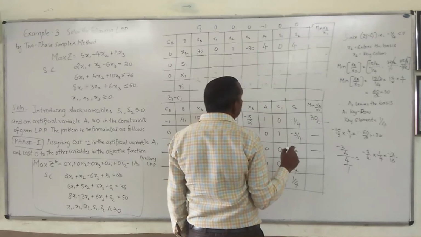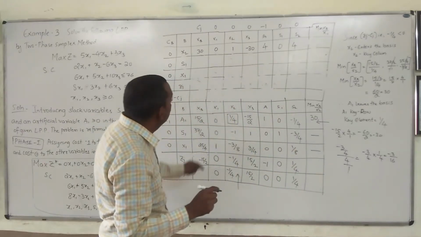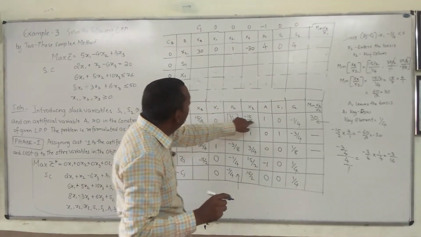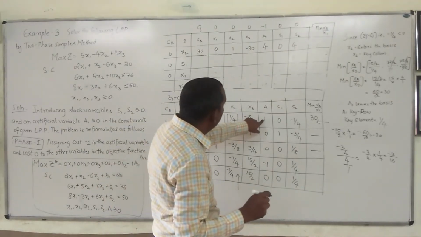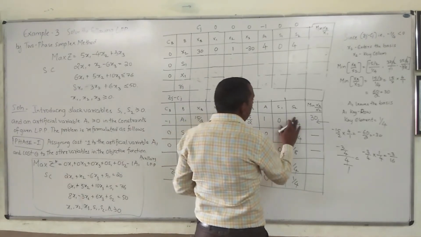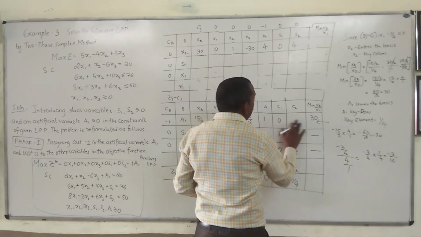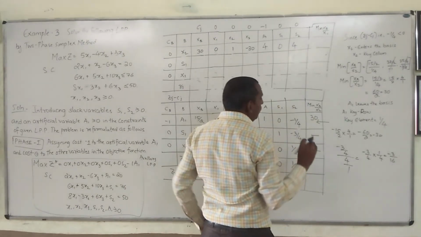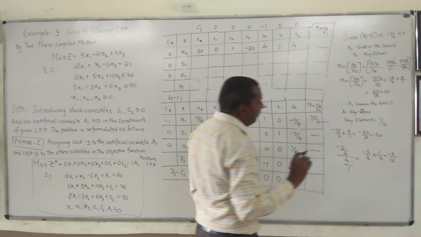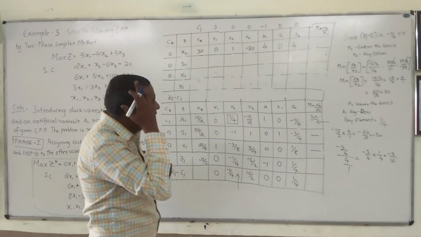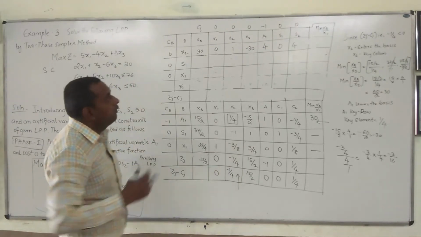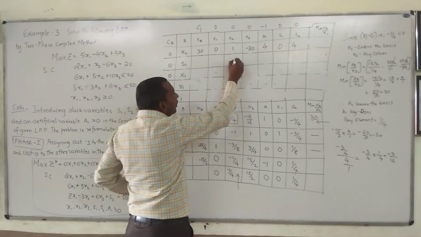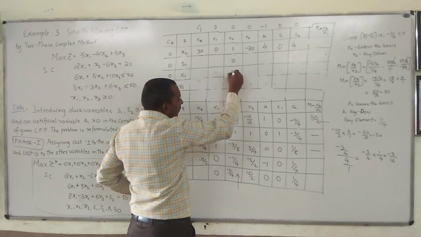So X1 is equal to 1, yes, 0. S2 is equal to 4. Fine. So 4 comes to this value. This becomes 0 and this becomes 0.